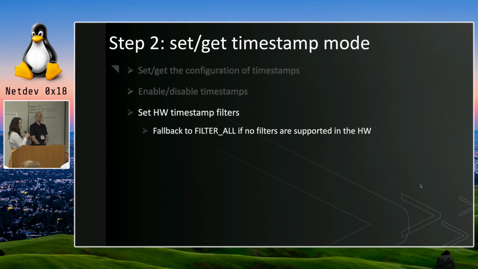In fact, in our implementation, it's done in a way that all the RX filters fall back to the filter all, because we do not differentiate any specific type of the packet for the timestamping. We are doing RX timestamps on all. And this is pretty compatible with all the kernel flows. That's what we have also in Intel drivers, and I think NVIDIA's also.